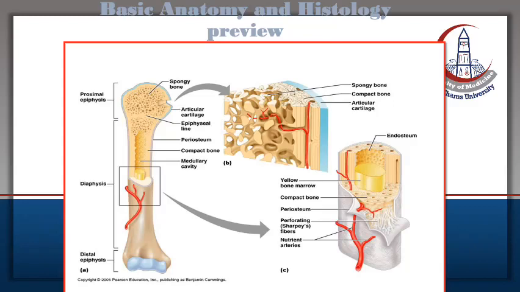Actually, we have 2 types of bone inside our body. One is the flat bone and irregular bones, including, for example, the skull, the vertebrae, and pelvic bones. The second type of bones are the long bones, such as the bones of the limbs.